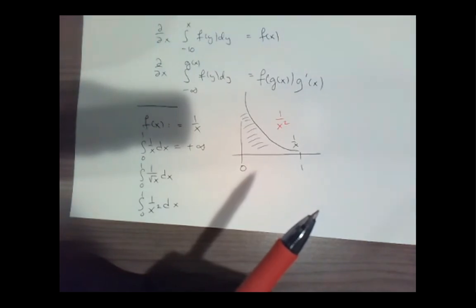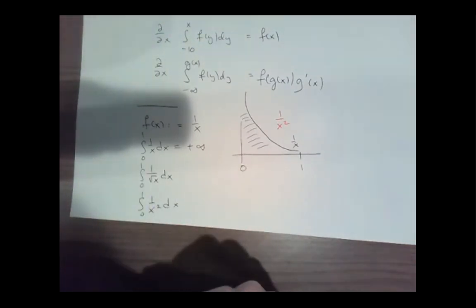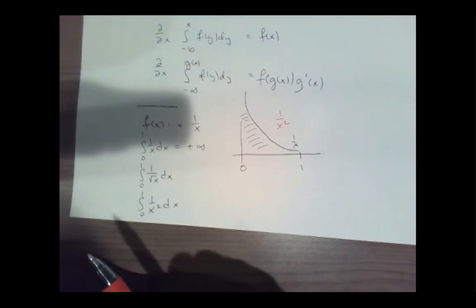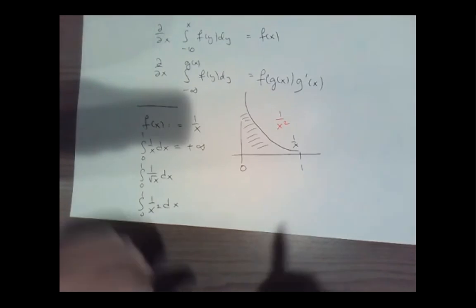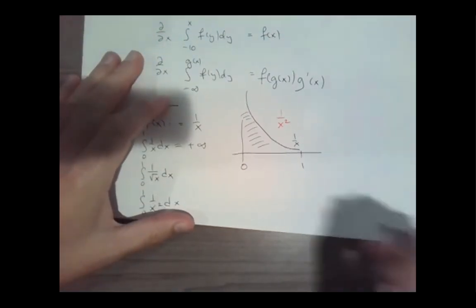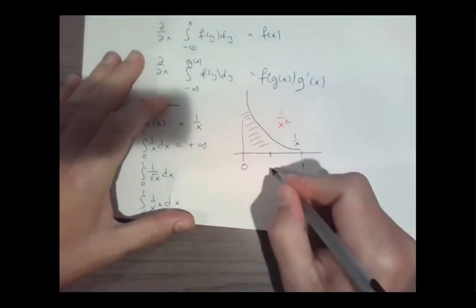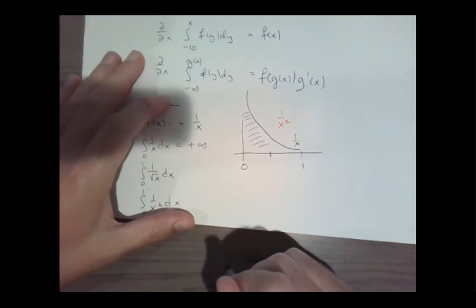Which one is biggest? I'm a little bit confused. As x goes larger, 1 over x squared will get smaller than 1 over x.